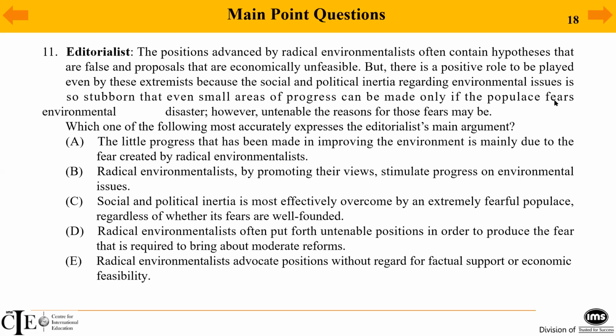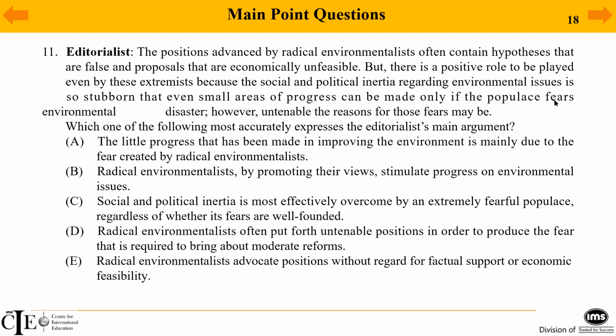Social and political inertia is most effectively overcome by an extremely fearful populace. This we do not know. He is only saying social and political inertia is so stubborn that the progress would not have happened without these fears. That does not mean that it is most effectively overcome.